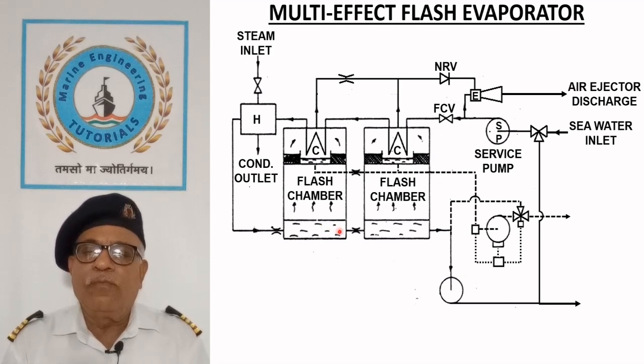Unevaporated water is passed to second chamber through the orifice which maintains pressure difference. Water is further evaporated in second chamber maintained at lower pressure than first chamber.